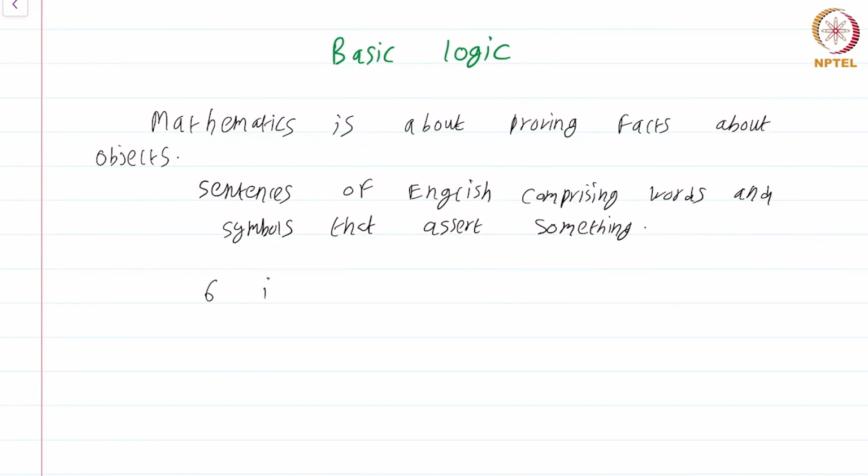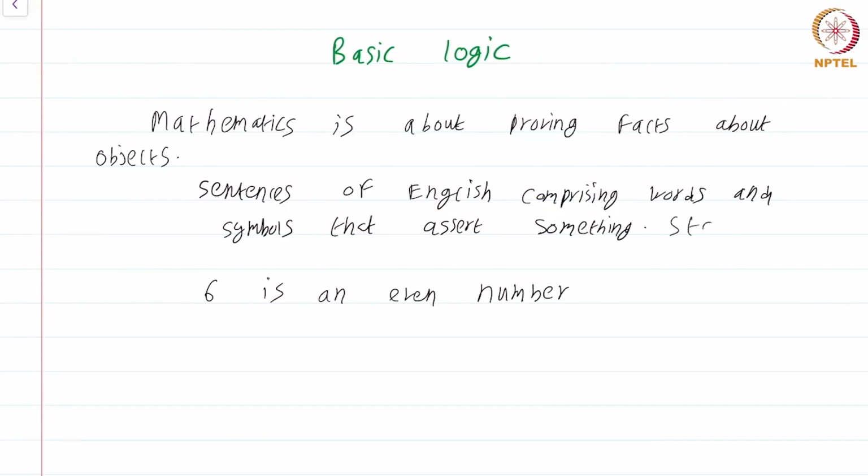6 is an even number. This is a sentence of English. It asserts something about an object, the number 6, which is a mathematical object. It is asserting that 6 is an even number. Such sentences are called statements.